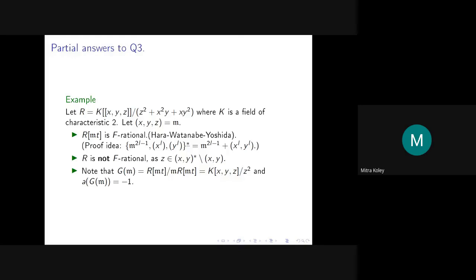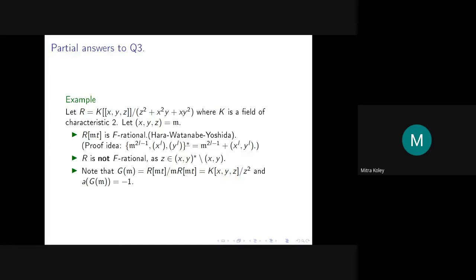But R is not F-rational because x and y is an s.o.p. and z is not in the ideal generated by x and y, but z is inside (x, y)*, the tight closure of (x, y). Because from here, z squared is in the ideal generated by x squared and y squared. Hence, it is in the tight closure of (x, y). So R is not F-rational, but the Rees algebra is F-rational.